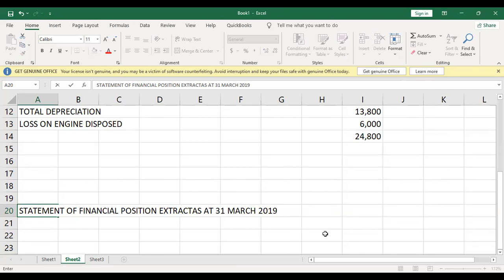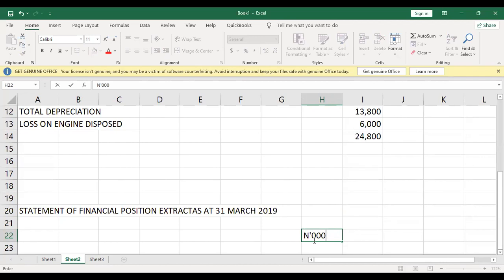Yes, ma'am, I missed the loss on engine disposed. In the question, we're told that there was an accident in April 2018 and that one engine was damaged beyond repair while the other one was repaired.